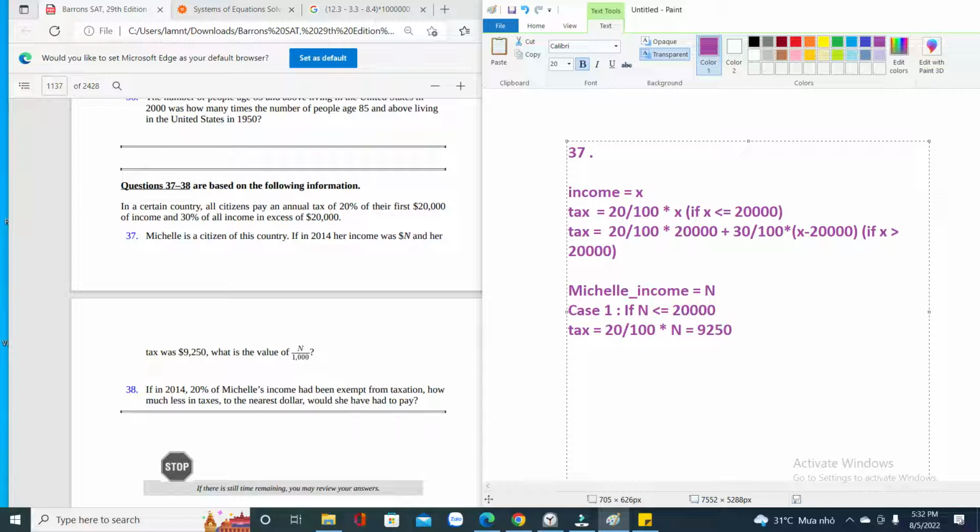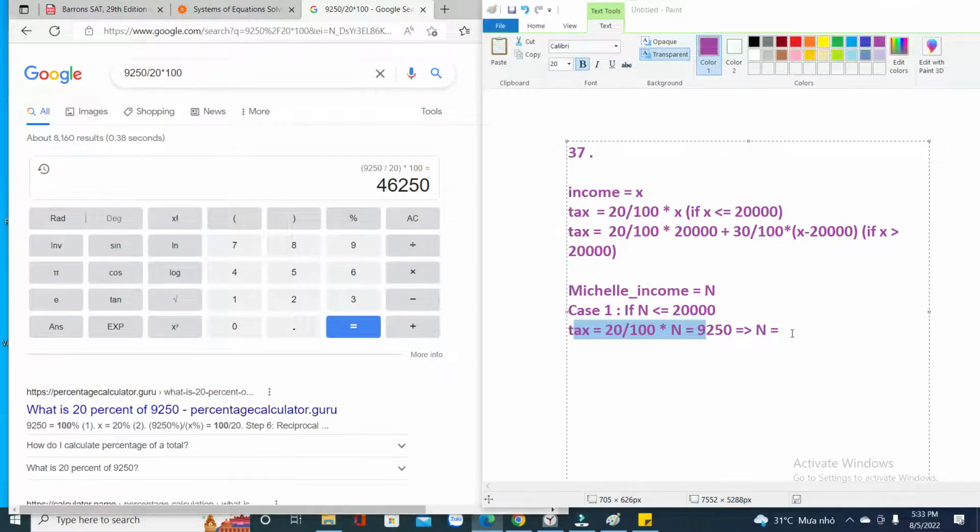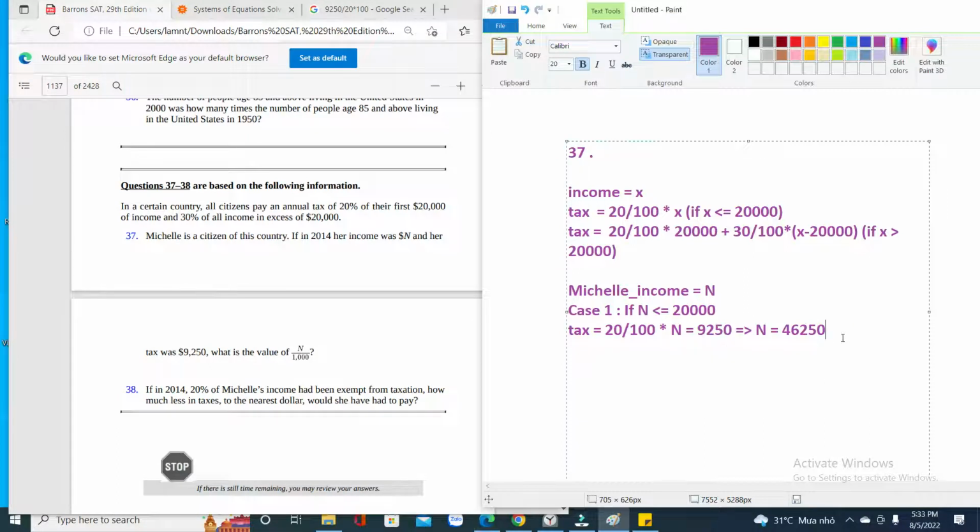From here we can get n. So 9,250 divided by 20 and multiplied by 100 yields 46,250, which contradicts the assumption that n is less than or equal to 20,000.